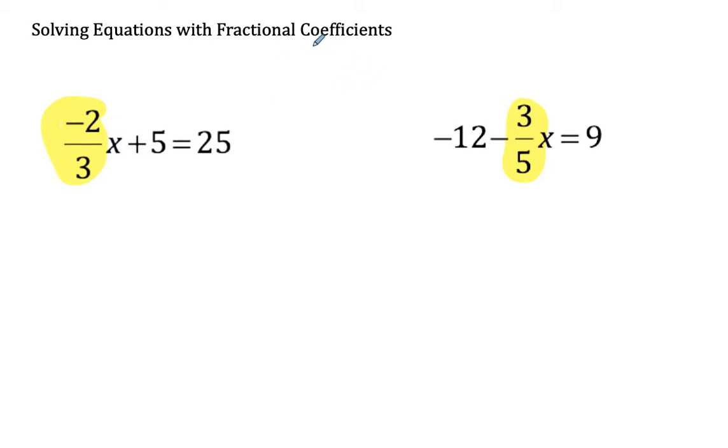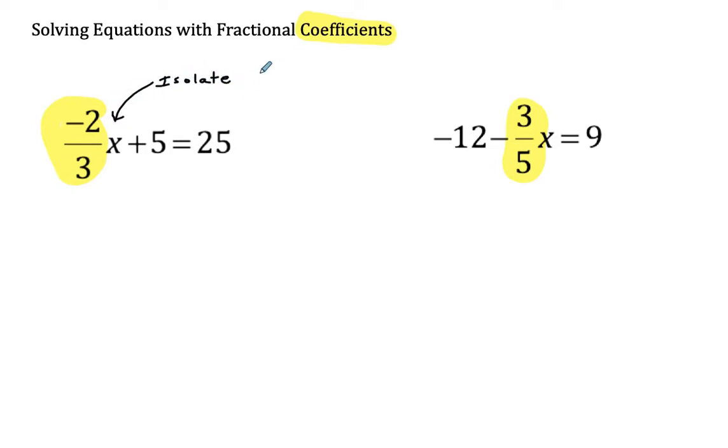Those coefficients, and remember that the word coefficient means whatever number is multiplying the variable, the letter. Okay? So first thing I'm going to do is try to get x by itself. I want to isolate the value of x.